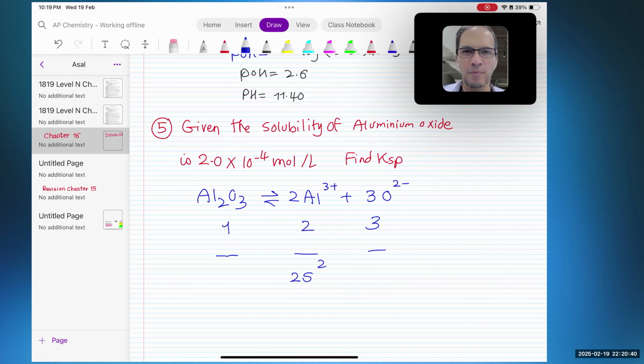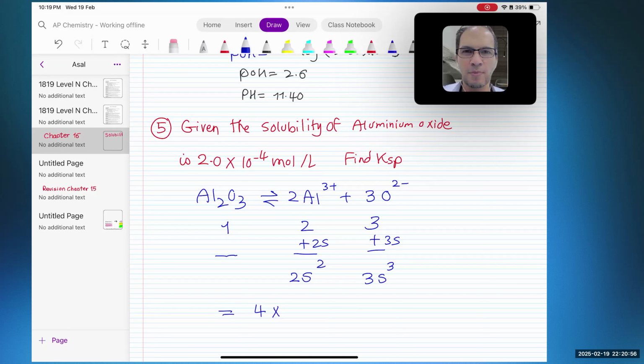And this is plus 3s, so 3s cubed. When I multiply these two together, I get 4 multiplied by 27 multiplied by s to the power of 5.